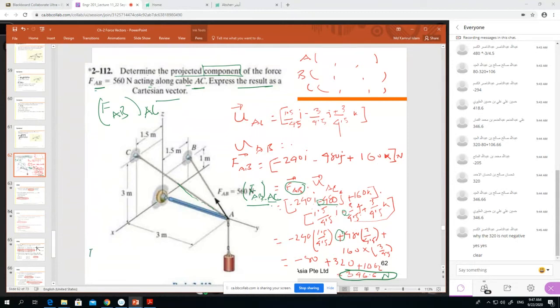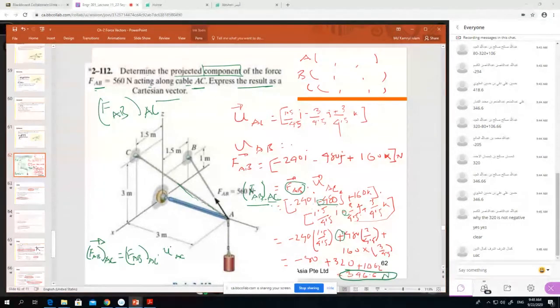So the vector of force AB component along AC will be: force ABAC into UAC, correct, UAC.